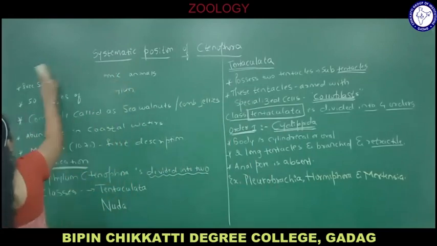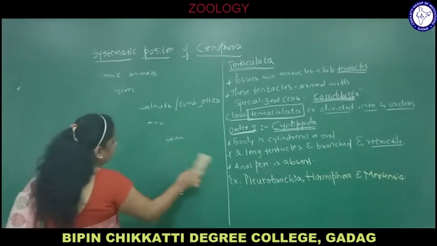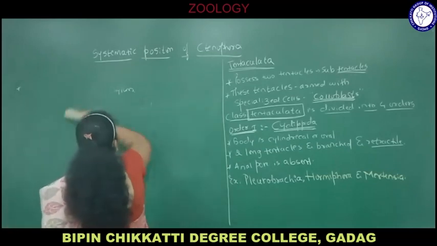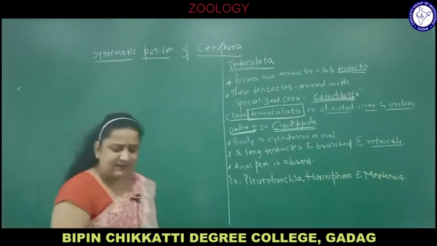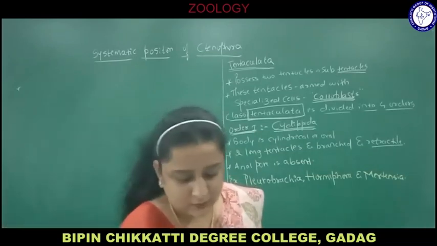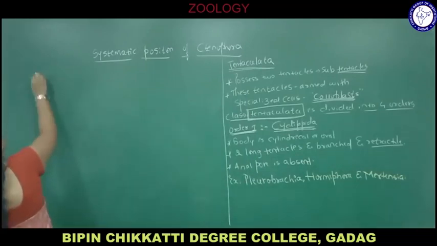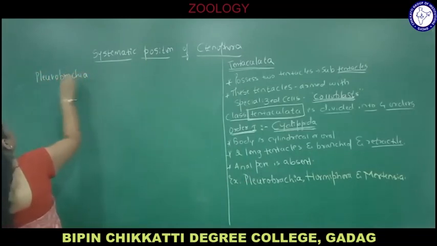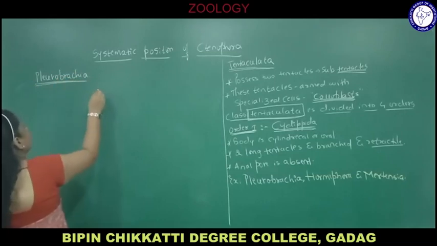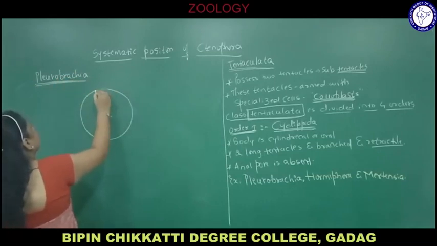Now we will see the diagram of Pleurobrachia. You have studied it in your PUC also. The sea walnuts, comb jellies. Very few characteristics are there, a very small phylum. I will draw the diagram of this. It is round, cylindrical.